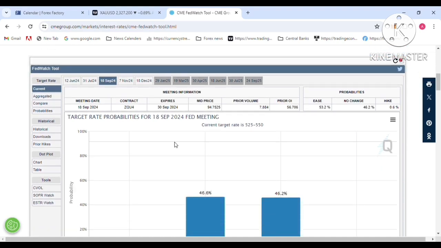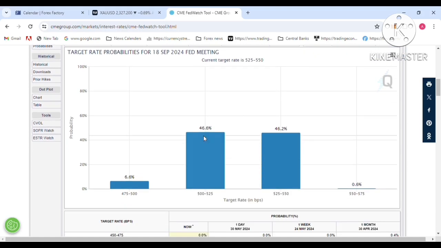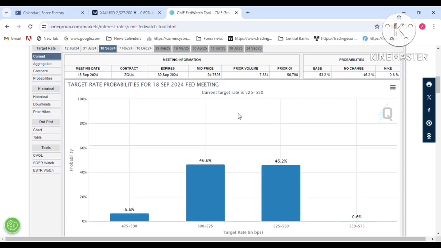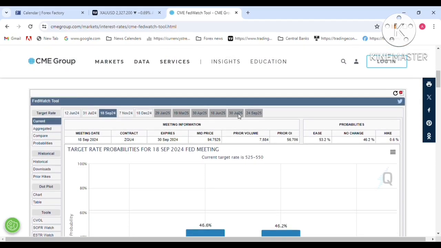You can see 46% forecast to hold the rate, 46% also forecast a rate cut, and interestingly 0.6% is priced for another 25 bps hike. A hold forecast will increase dollar demand, and a rate cut forecast increases the dollar sell-off. I always keep in touch with this Fed Watch Tool website to see what is going on with interest rates, which will help dollar demand or sell-off.